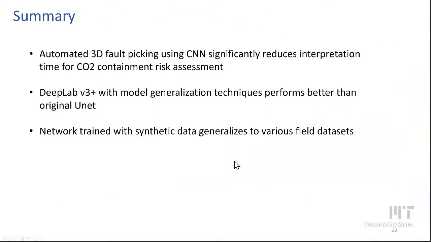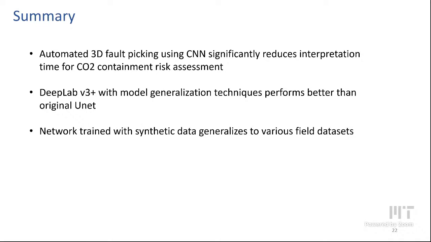All right, summary. So our automated 3D fault picking using CNN significantly reduces the interpretation time for the CO2 containment risk assessment. And the DeepLab model, and also with the generalization techniques, performs better than the original preliminary UNet.